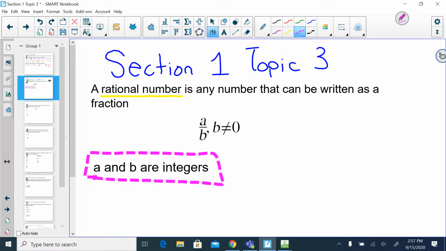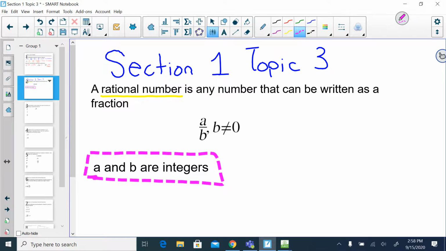So it's 1, 2, 3, 4, 5. It's 10. It's 22. It's 300,000. 703. It's 5 million. So it's all the numbers combined together. So as long as the top and the bottom number are integers, then you have what is called a rational number.